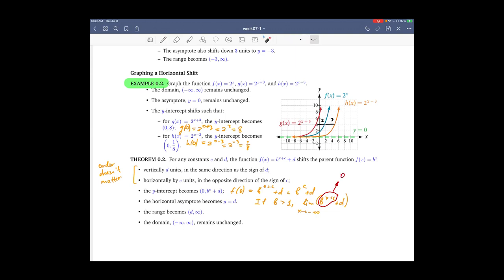That is because the exponent, x plus c, approaches negative infinity. c is a fixed number. x approaching negative infinity implies that x plus c also approaches negative infinity, and therefore b being greater than 1 means that base greater than 1 raised to the power negative infinity results in 0, and the entire limit equals d.